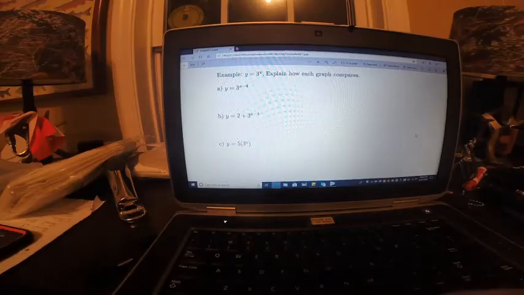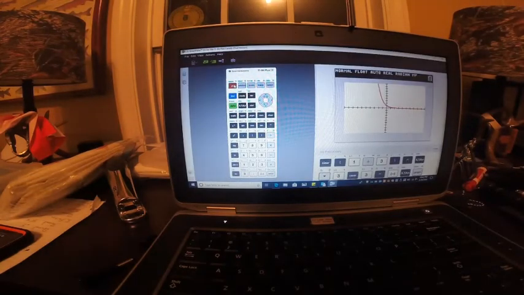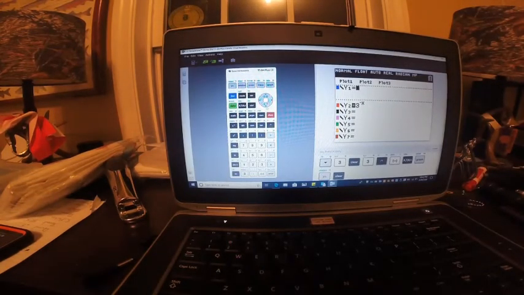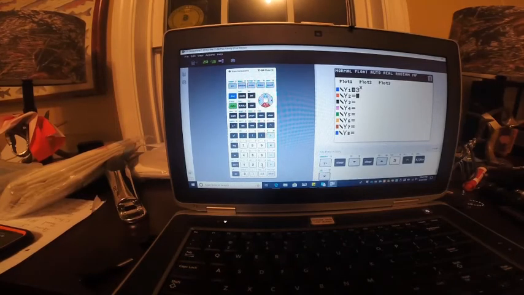Alright, now I told you I would show it to you on the graph as well. So my initial function is y equals 3 raised to the x. Clear all these out. Y equals 3 raised to the x. My second function was y equals 3 raised to the x minus 4.